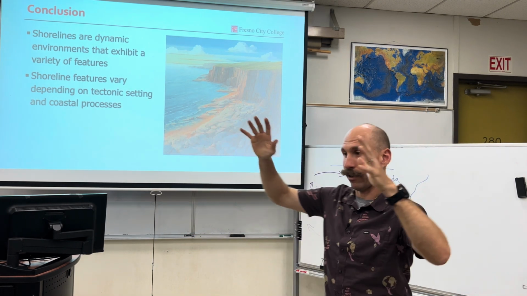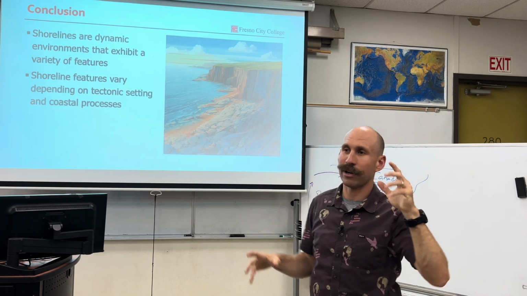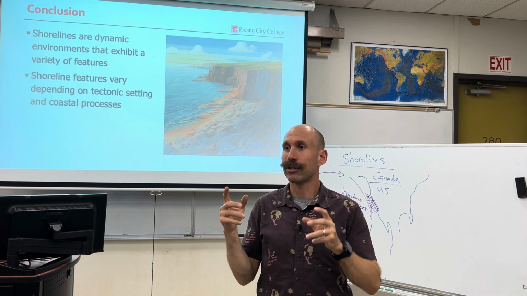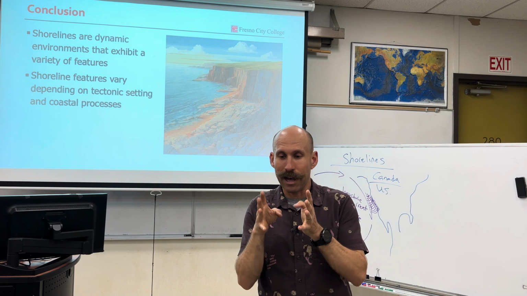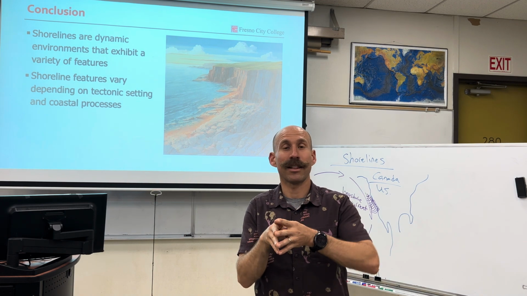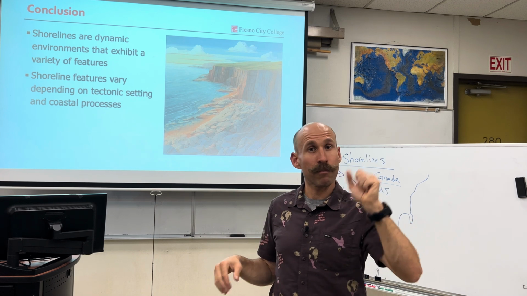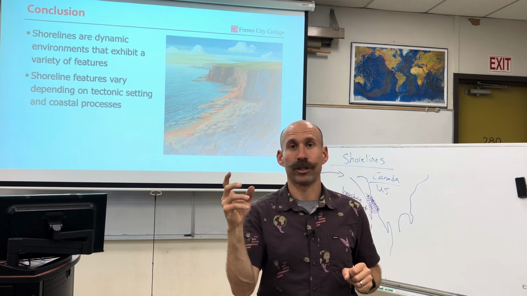Shorelines, coastlines in general, is where the ocean meets the land meets sea. But shorelines have specific types of features, and they're erosional, they're depositional, but we can lump them into submergent and emergent.